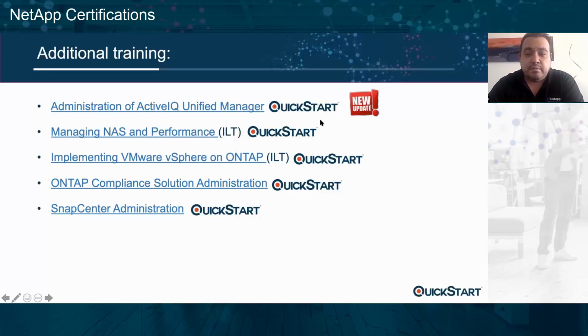The performance one, and I missed the update here, it has been updated also. We have VMware vSphere on ONTAP. Compliance Solution Administration, that's a 1-day course, and we talk about encryption and SnapLock also for retention, and then SnapCenter.